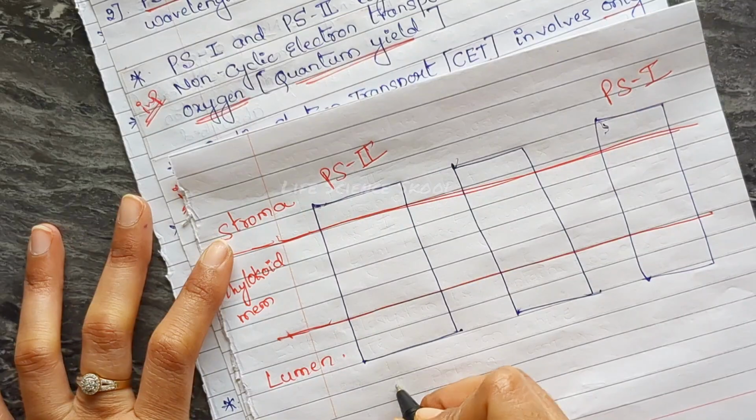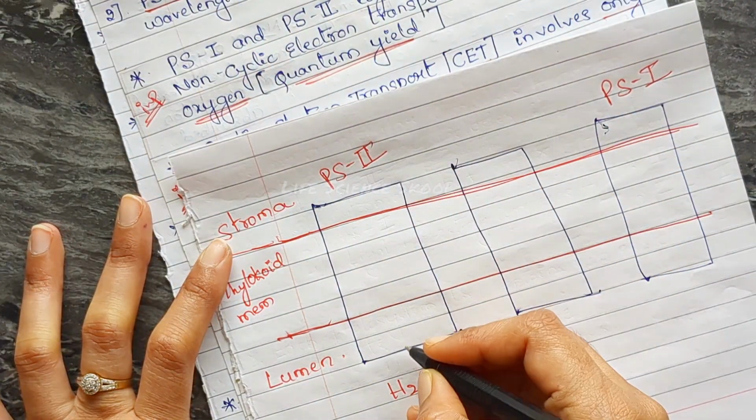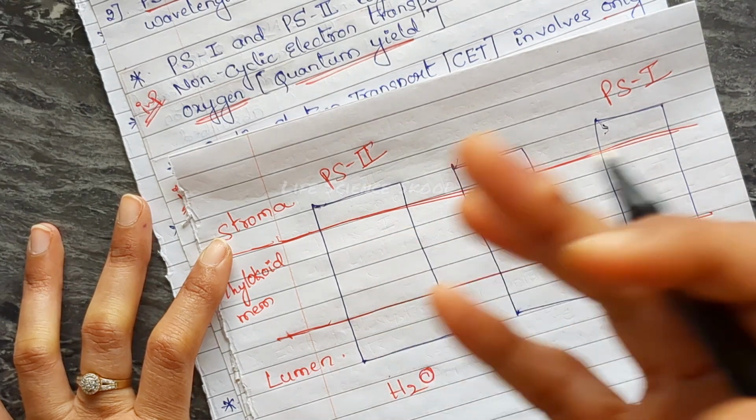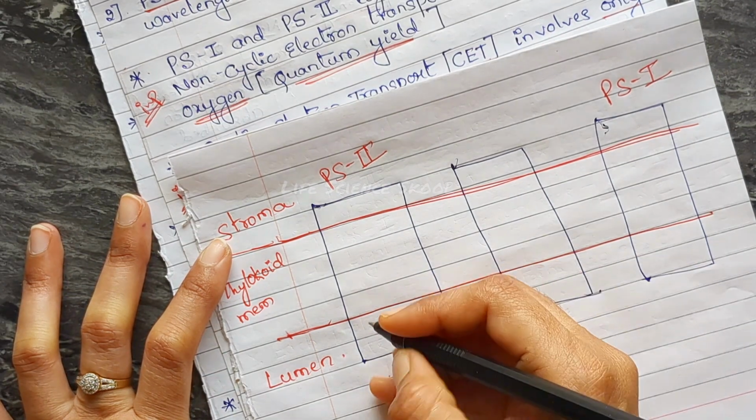In the lumen we have water here. Here I said, photolysis of water: water has to transfer the electron to the NADP plus, right?